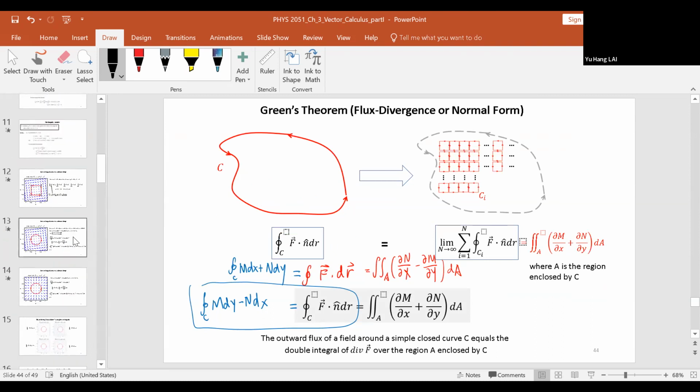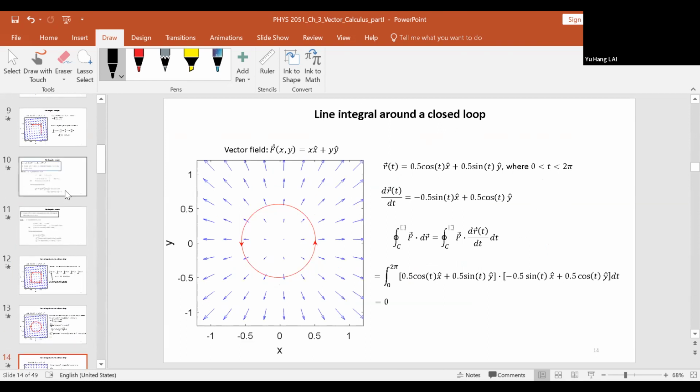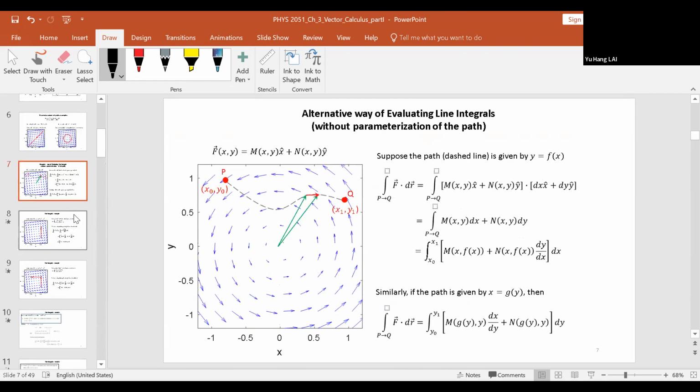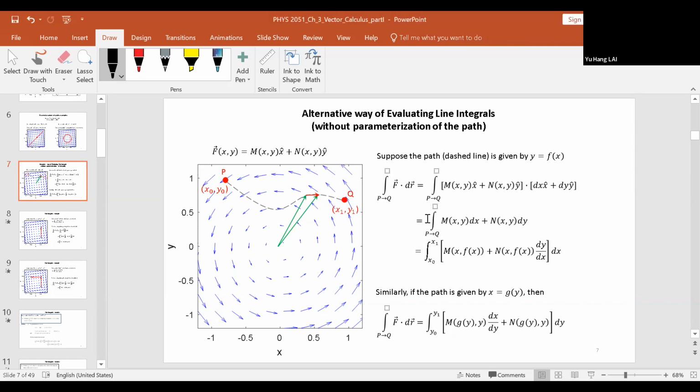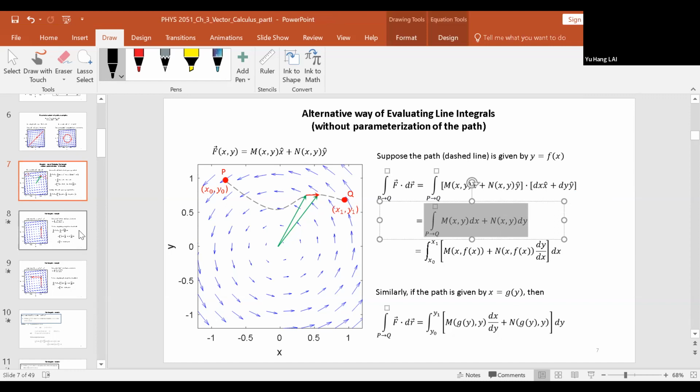It's a different way to write it. So they just don't write down the parameterization, but they just write it in this notation. It's really the same thing here.